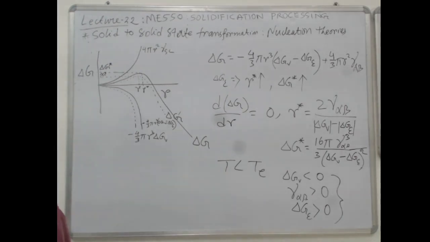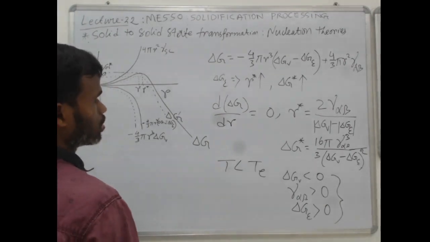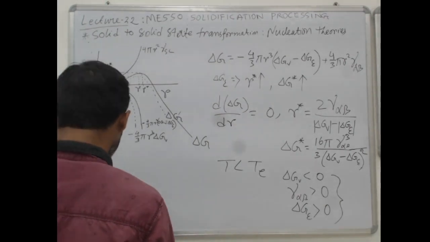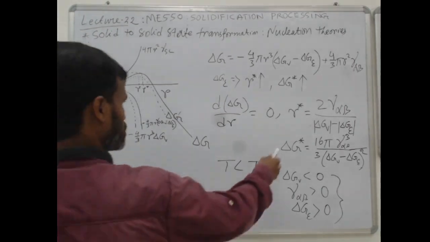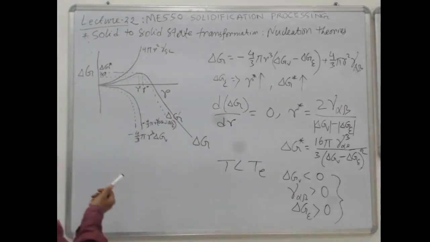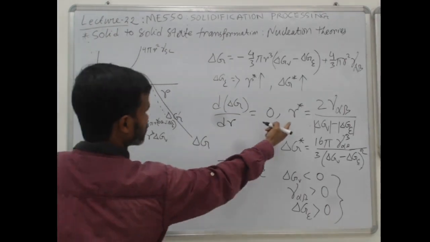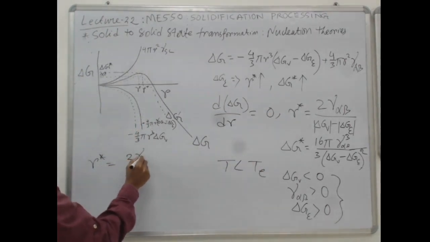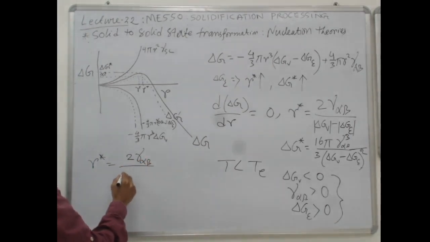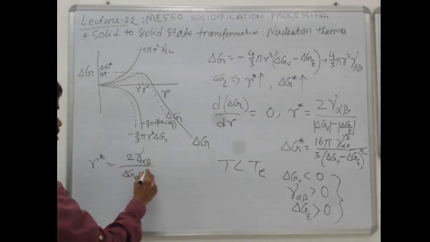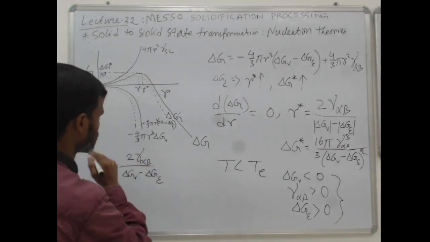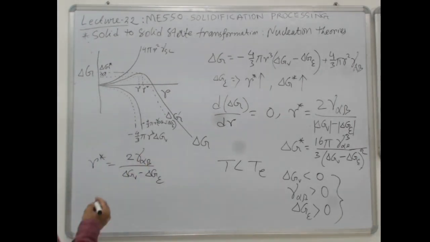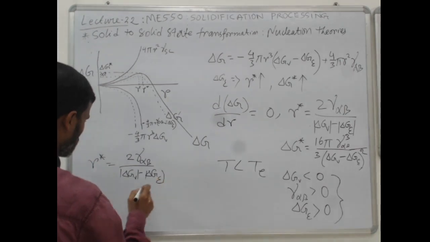So now let us study a little bit about this. Suppose if you see this equation, R star is 2 gamma alpha beta divided by delta GV minus delta G epsilon. These are absolute values, as I said.